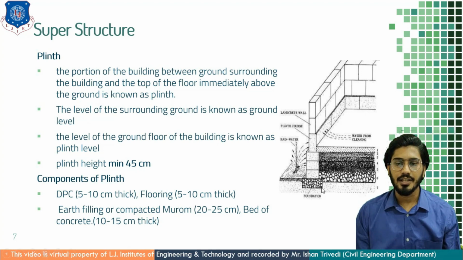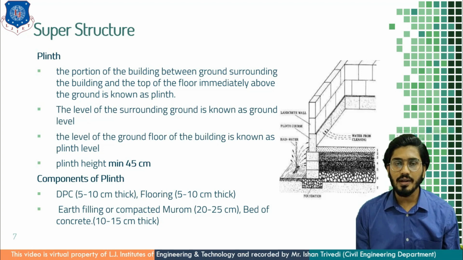In the previous session, we left with foundation and reached the ground level. Above this ground level, there will be a bed of earth filling, or you can say compacted muram filling, having thickness of 20 to 25 centimeter. After laying this earth filling, it is rammed with hand rammers or mechanically operated rammers.